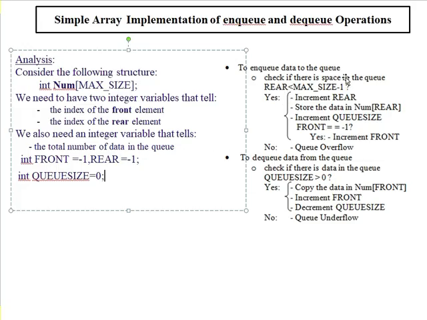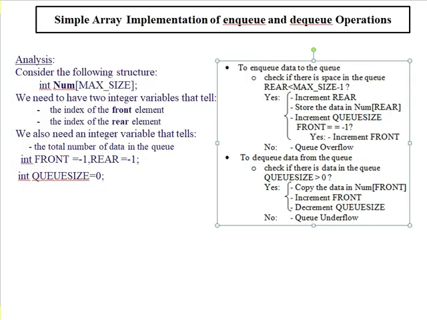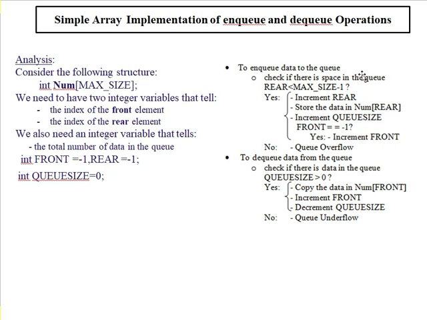For the enqueue operation, we should check if there is space in the queue, because as we are implementing the queue using an array, the maximum size is a concern.